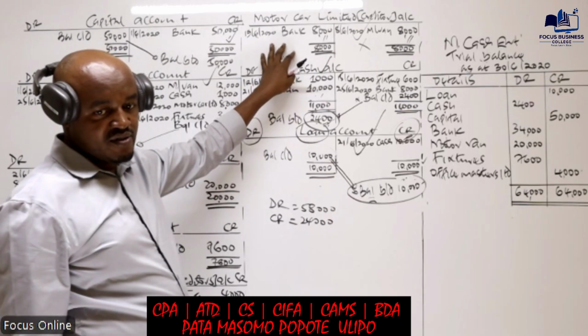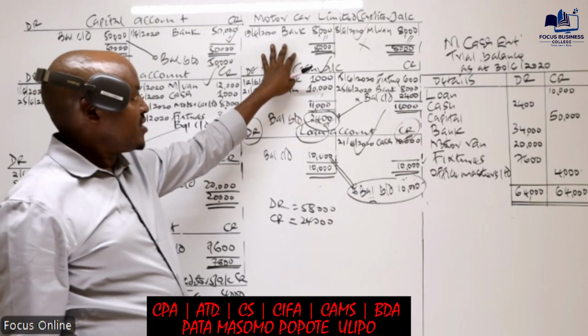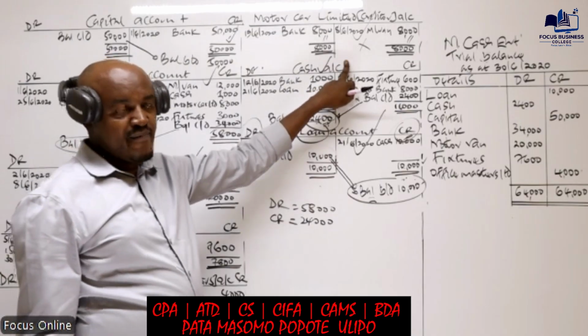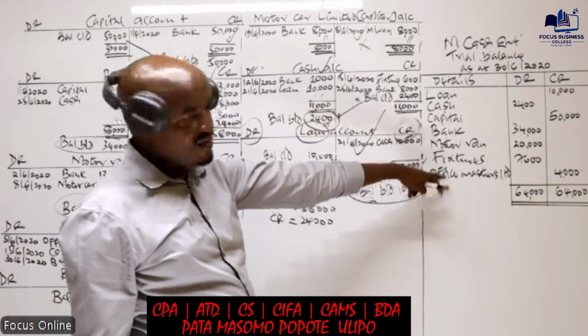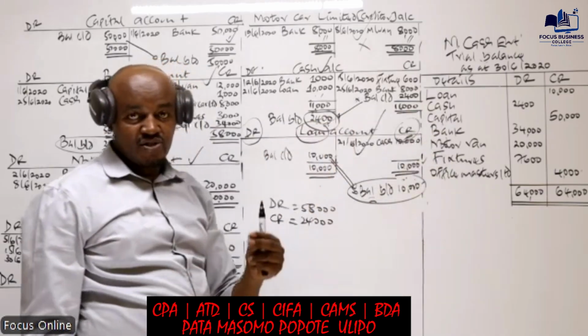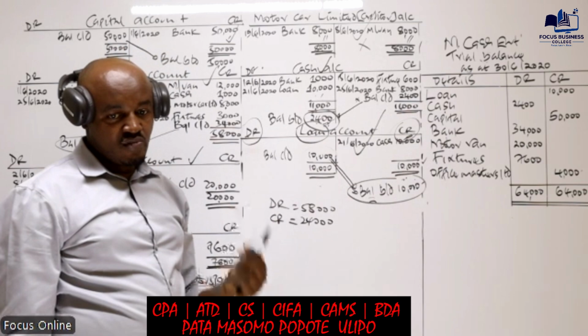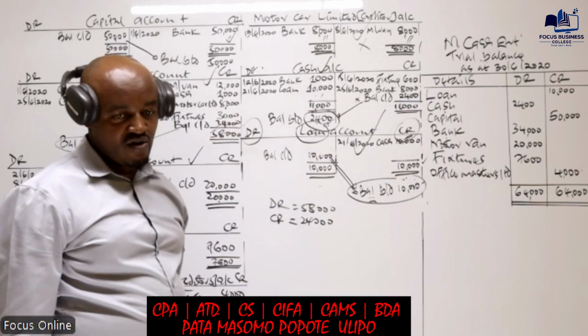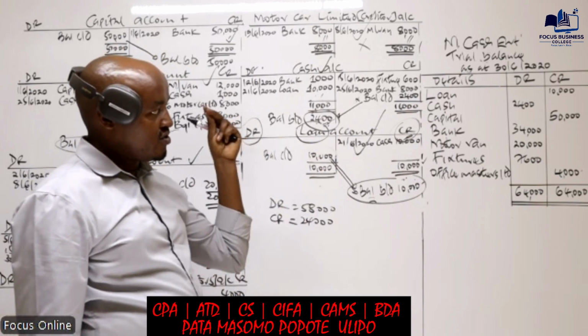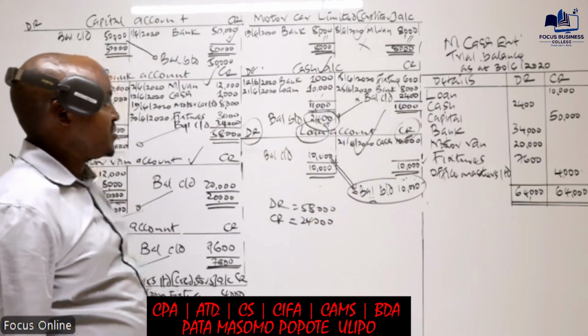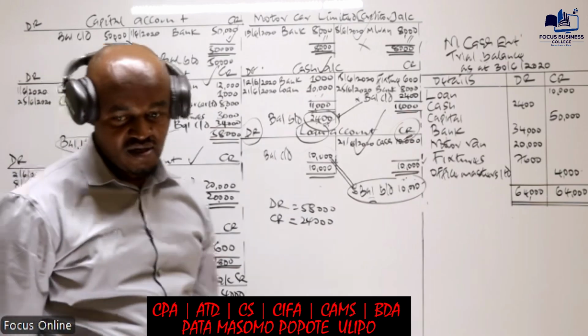Do we have any balance here? So if an account does not have a balance, don't record it here. Remember you have said that this is a list of all balances. So if there is no balance in an account, you don't have to record that account there. So we only record those accounts which do have balances. Is that okay, Charles? Okay.